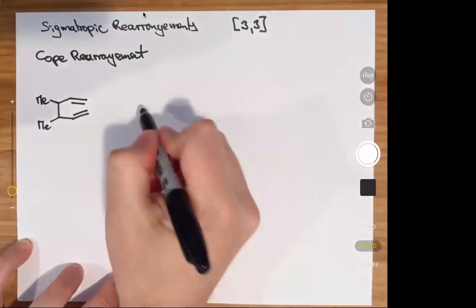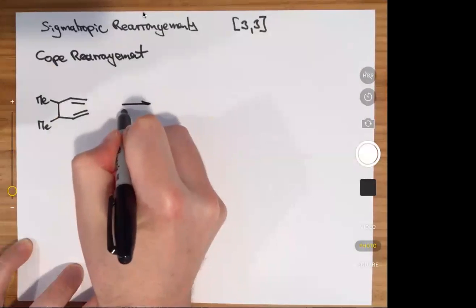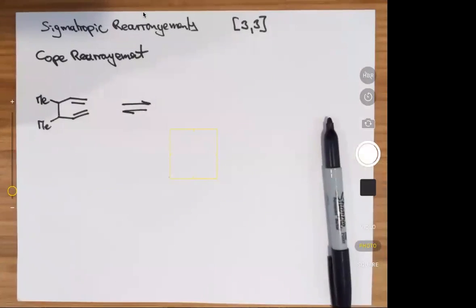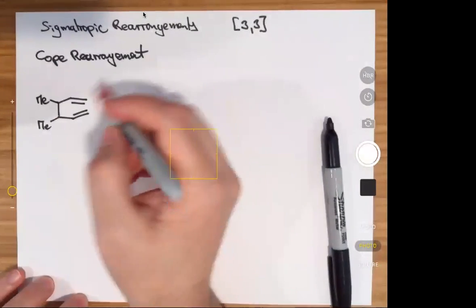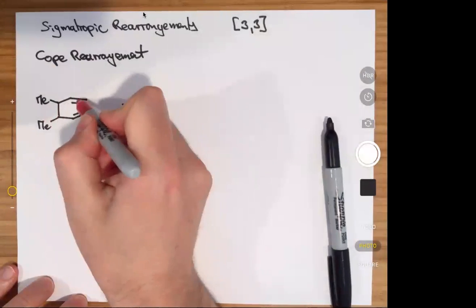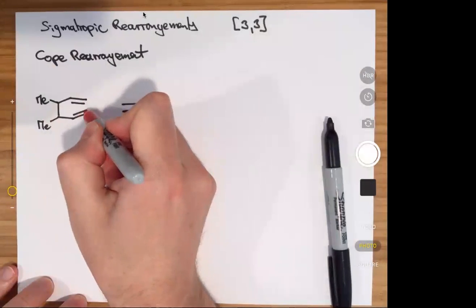And what this can do is it can rearrange, let's draw it like this. And as part of this rearrangement, what happens is that we are going to break this sigma bond here, and we're going to rearrange the double bonds and form a new sigma bond at the end of this pi system.